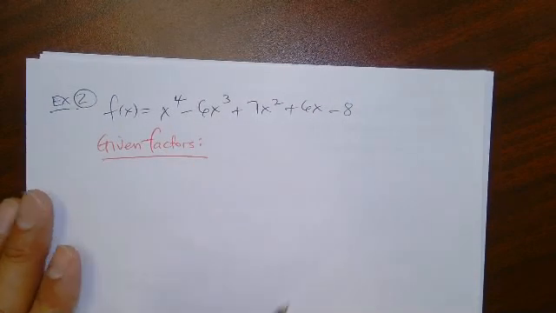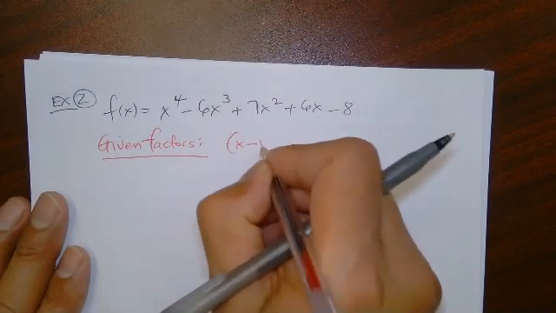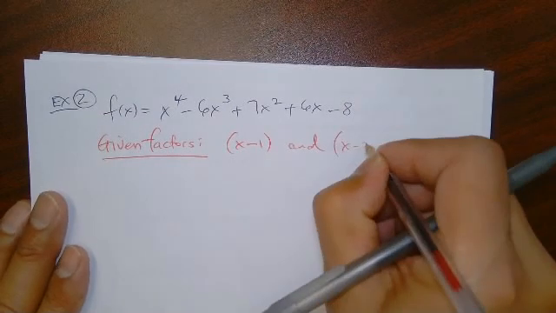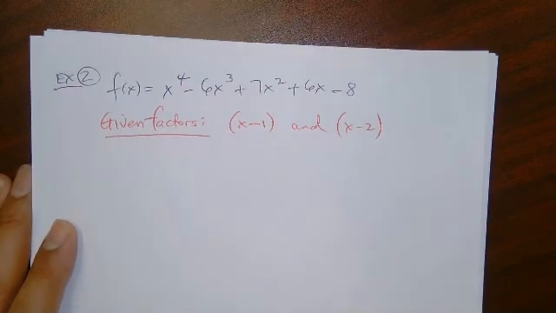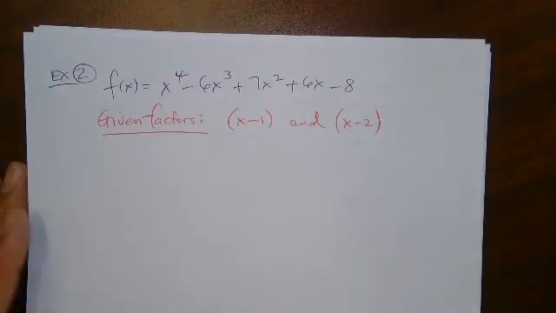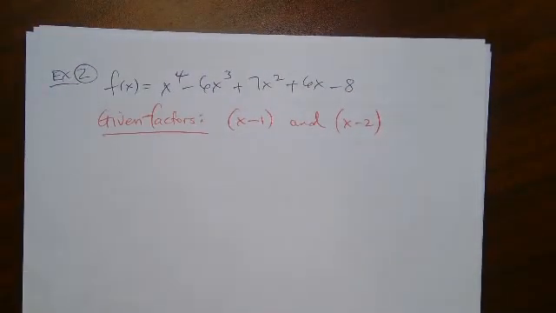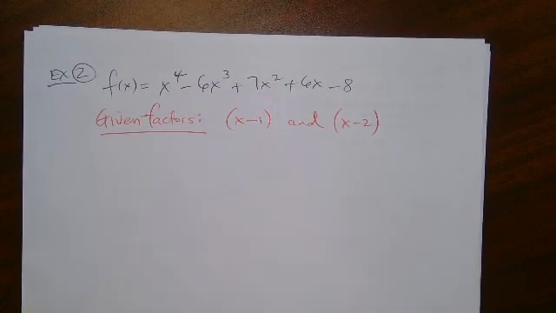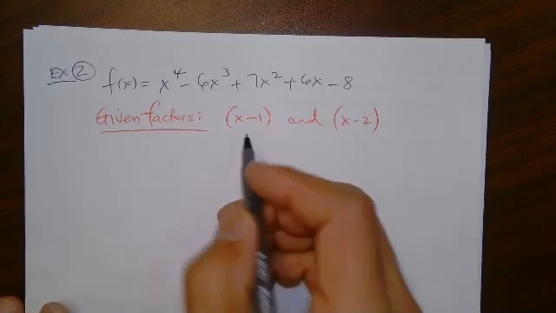And I'm going to give you two factors: x minus 1 and x minus 2. The objective is to write this in factored form and then find all the zeros.